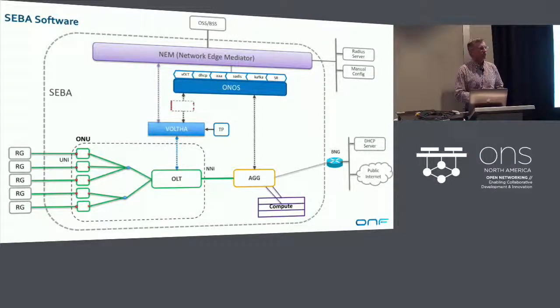From a software perspective, there are 3 major pieces. VOLTHA is a hardware abstraction for the OLT devices. It is a collection of microservices, like 8 microservices in there. Everything I'm going to show you now is container-based. So there's a set of Kubernetes containers running the control plane for the OLTs.